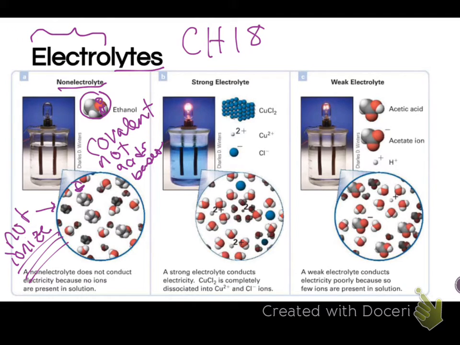On the other hand, something like copper chloride, CuCl2, when you put that into water, it goes from being a solid like this to breaking apart into its pieces. Here we have a copper 2+ particle, and this one is a chloride minus.